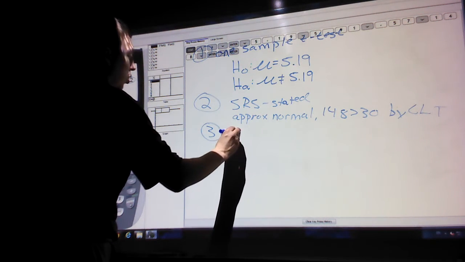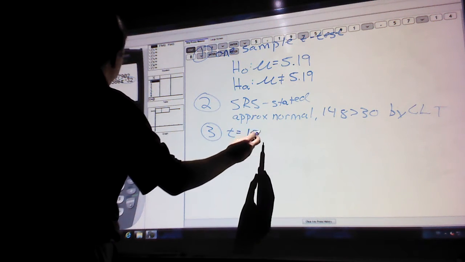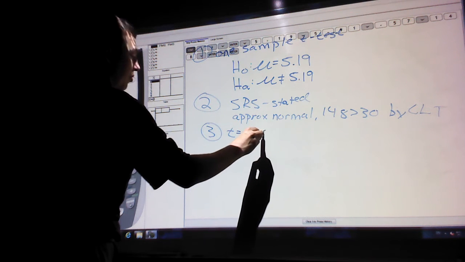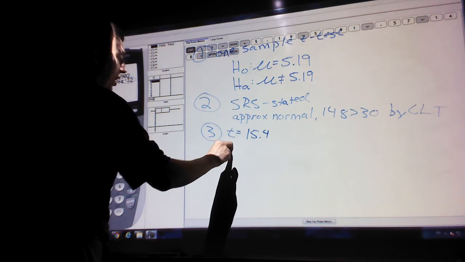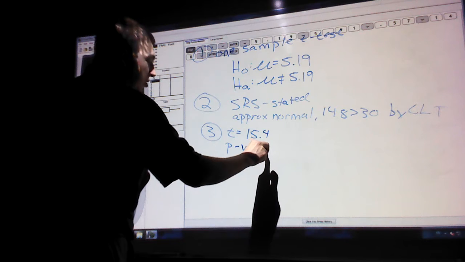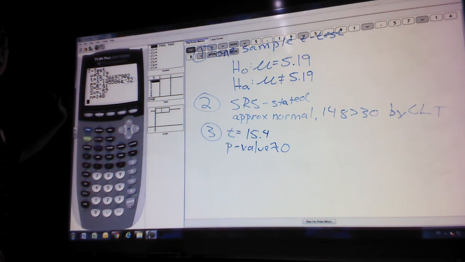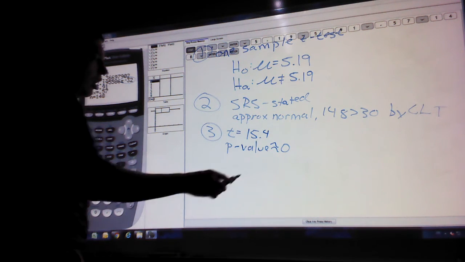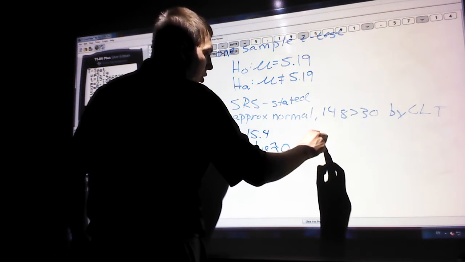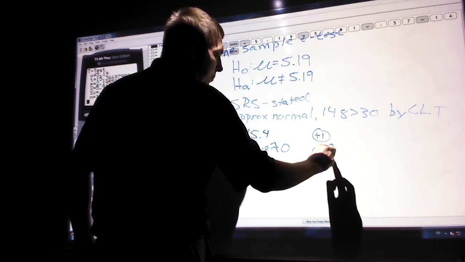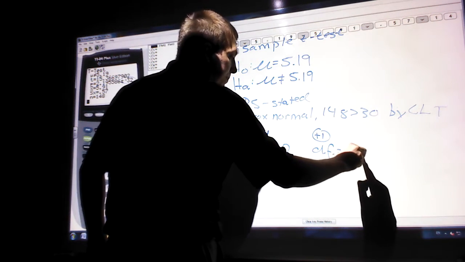Our t-score is 15.4. P-value, I'm just going to put approximately 0. Okay? That's saying that this did not happen by chance. Their hotel managers must be more masculine. And we want a bonus point, degrees of freedom equals 147.